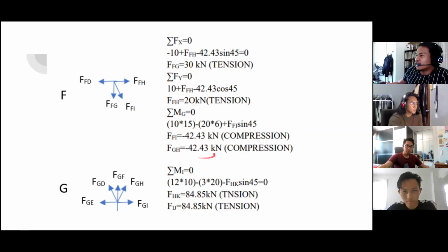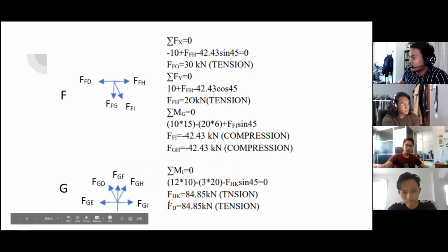There we find FFI and FGH by using moment equilibrium about G is 0. There we got FFI and FGH, both in compression.